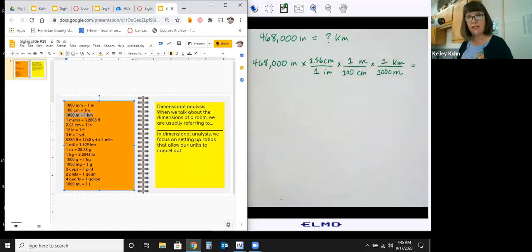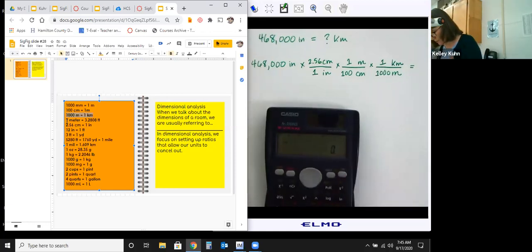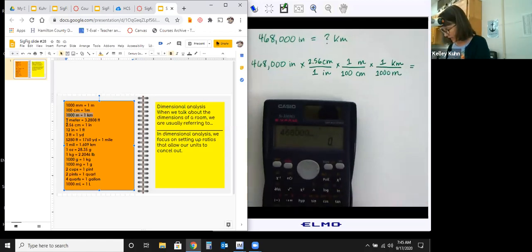So when I put this in the calculator, once again, I'm going to start with my number, 468,000 times 2.56 times 1 times 1 divided by 1 divided by 100 divided by 1,000. Remember, you just multiply all your numerators and then divide by all your denominators.